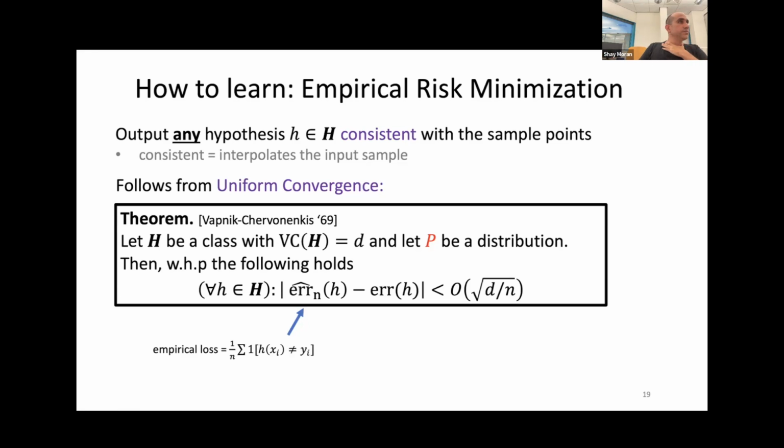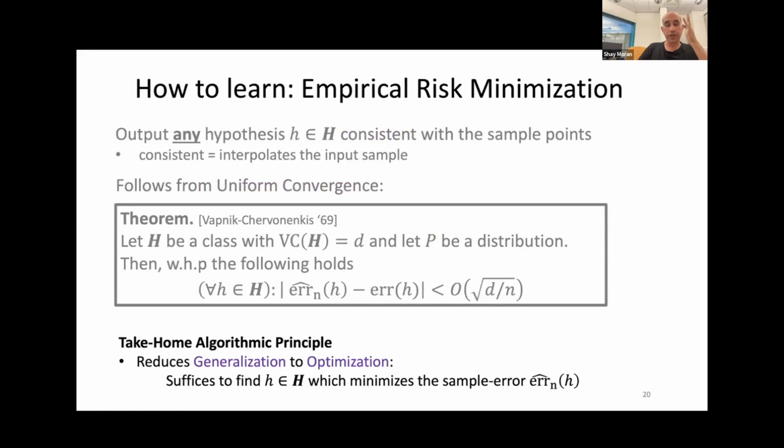Any questions? Okay, great. So the take-home algorithmic principle of this fundamental theorem of PAC learning is that it reduces generalization to optimization. It suffices to find a hypothesis in H that minimizes the sample error.